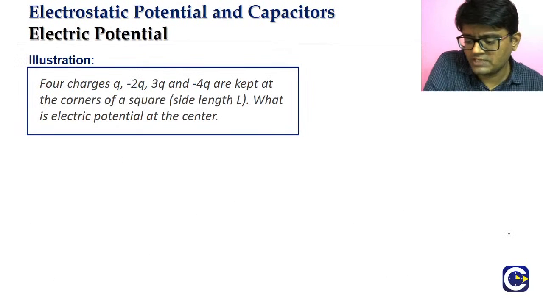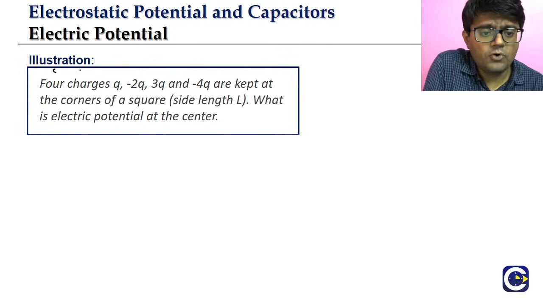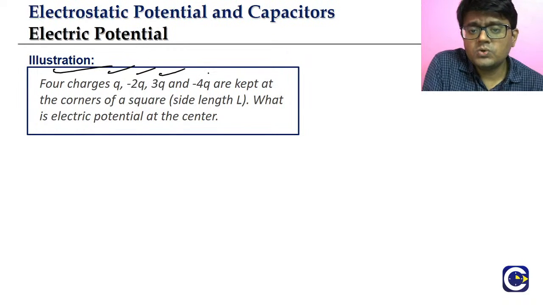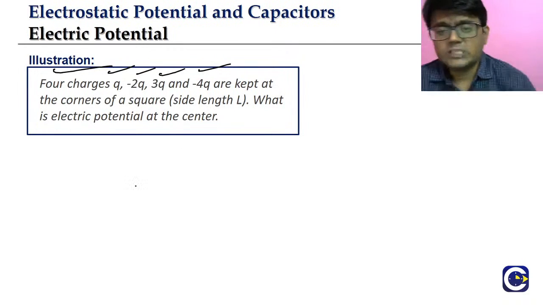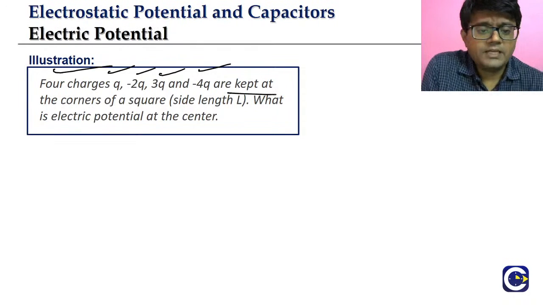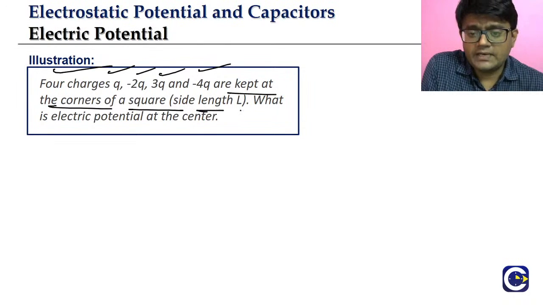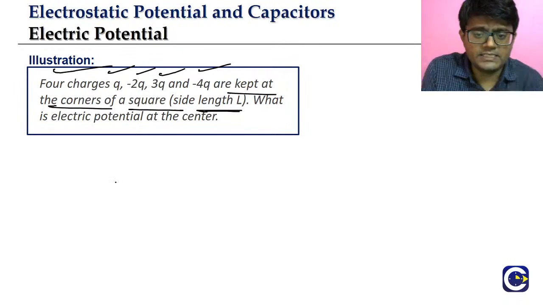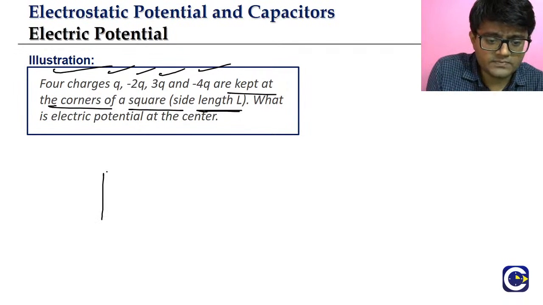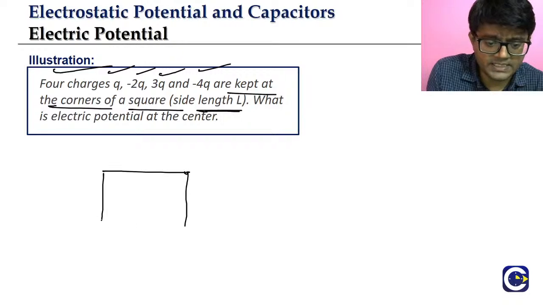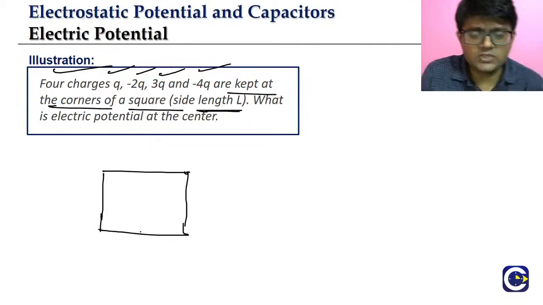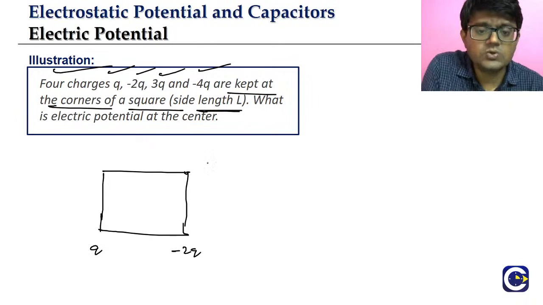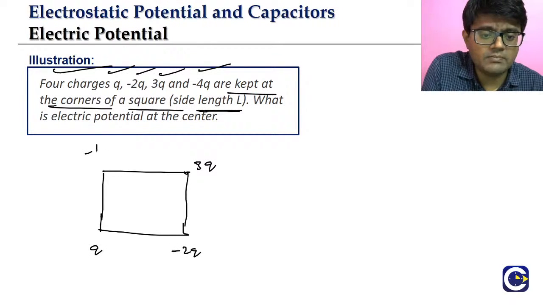Now let's look at a question. 4 charges q, minus 2q, 3q and minus 4q are kept at the corners of a square. The side length is L. We try to represent the charge arrangement diagrammatically: q, minus 2q, 3q and minus 4q.